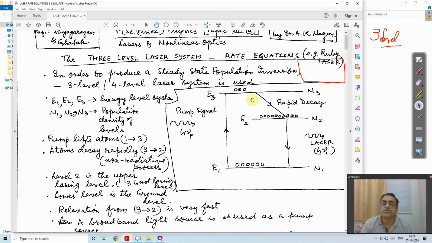Now, this process of rapid decay is of two types. It comprises both radiative as well as non-radiative transitions.